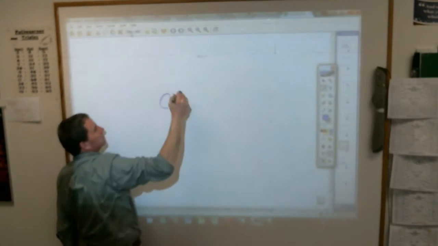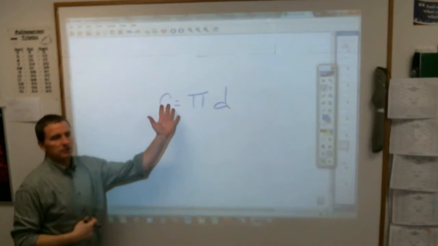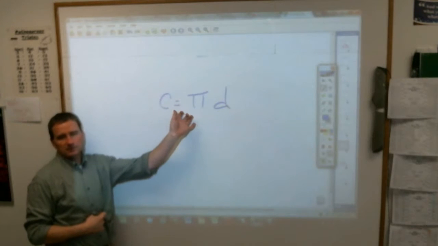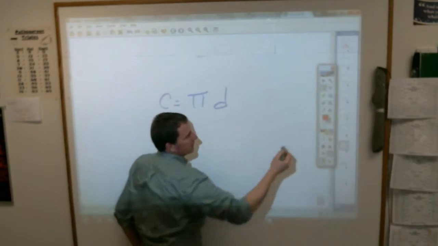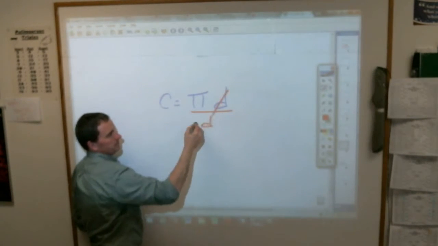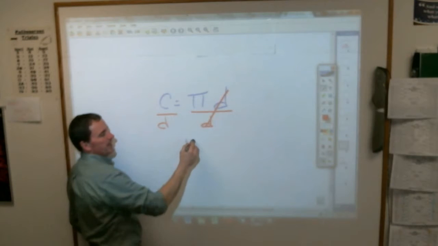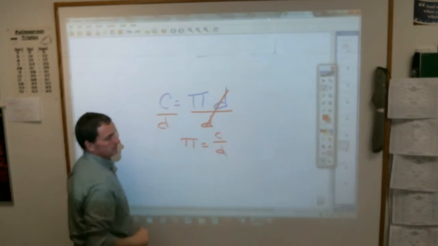What if I wanted to solve this just for the pi? If I wanted pi to be by itself, what do I have to do? I have to divide by the diameter. So pi equals circumference divided by diameter.